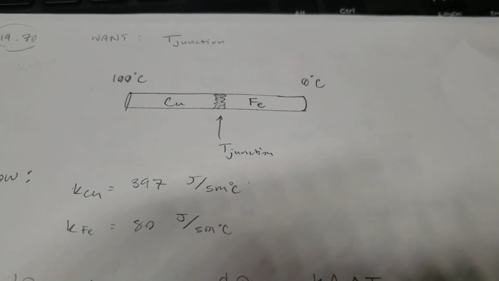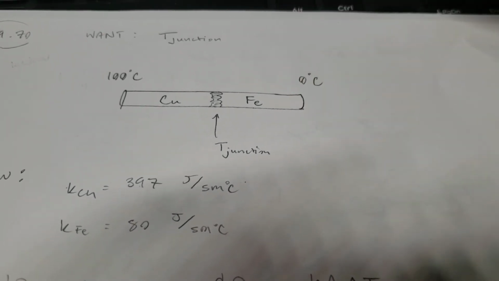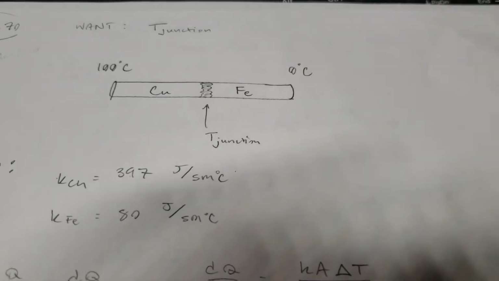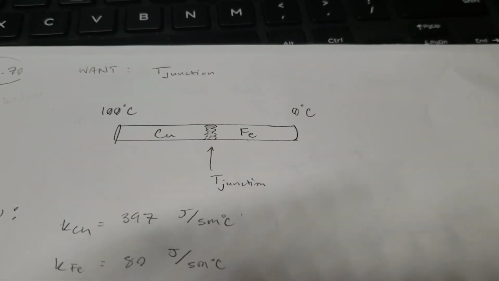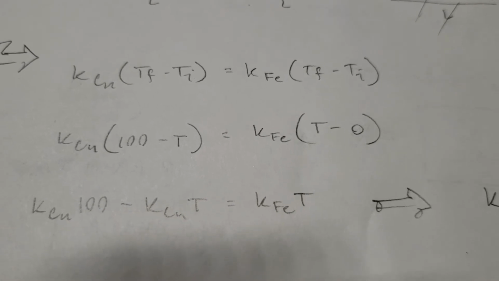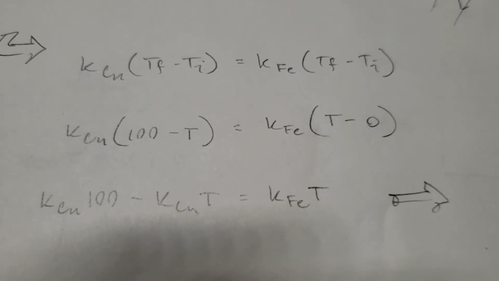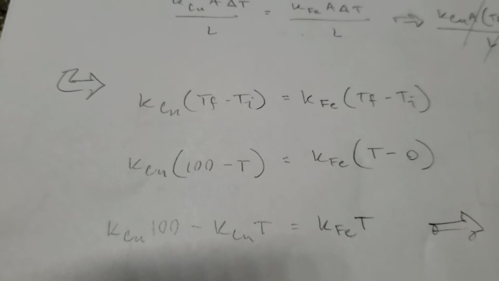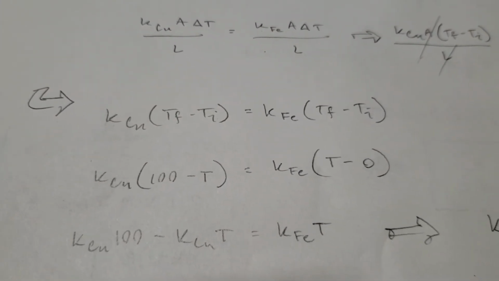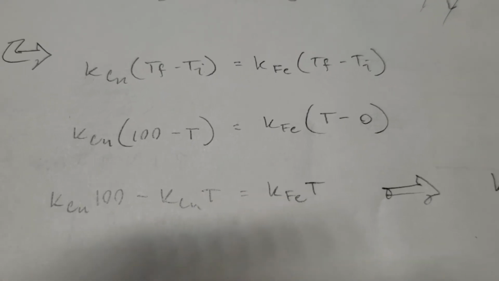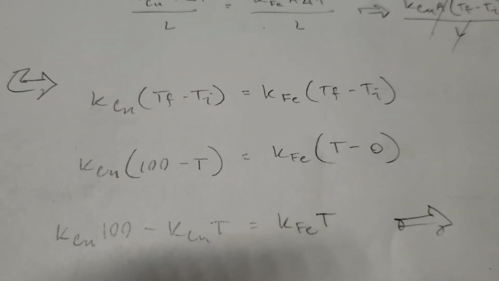That means the initial temperature at one end of the rod is equal to the final temperature at the other end of the rod, or at the midpoint. So since at the midpoint, which is the point we're interested in, T_i is equal to T_f, we can just take off the subscripts and call that T generally. And this is important. This is probably the hardest part of the problem. It tripped me up when I first did it, because you won't be able to solve for a single temperature at the midpoint unless you catch on to that.